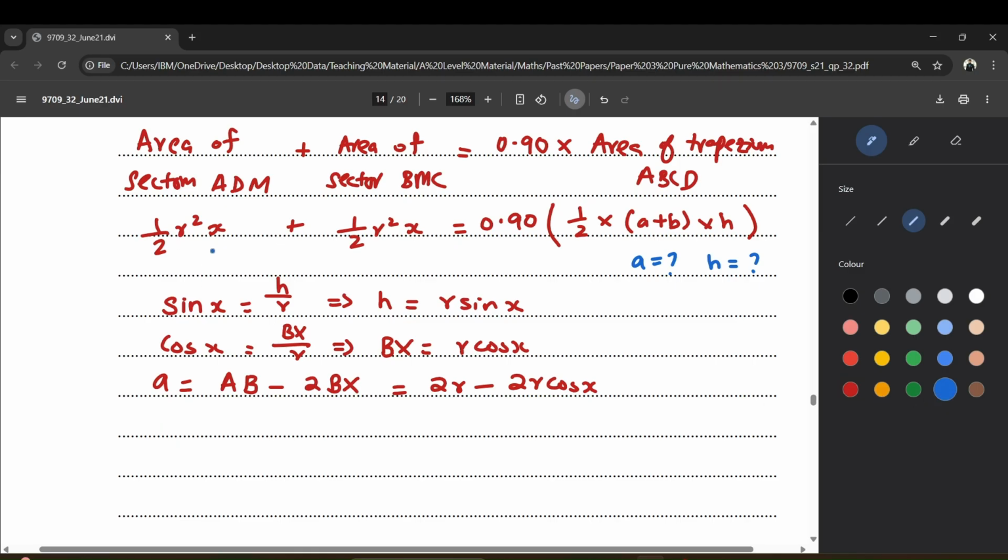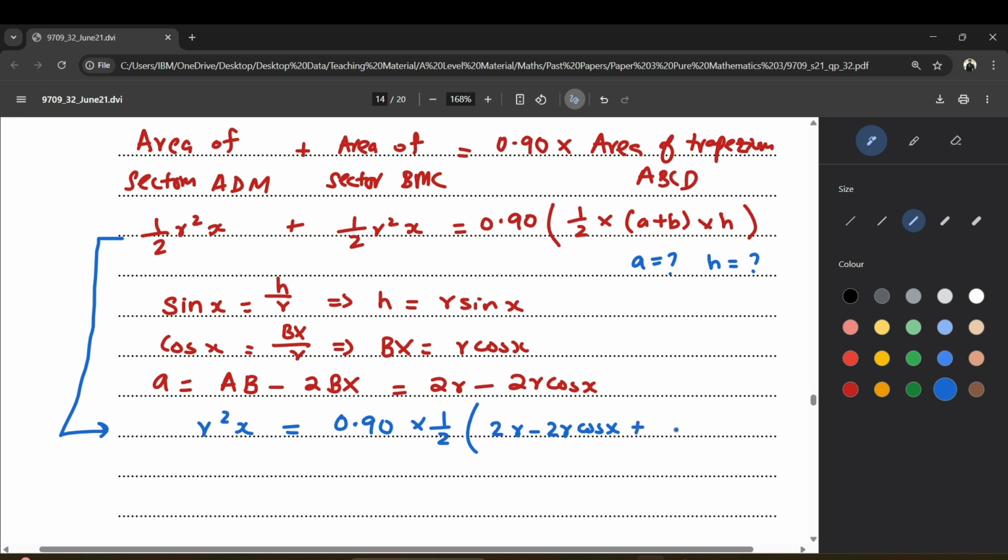So let us write this down now. Half r square x plus half r square x will give us r square x equals 0.9 times 1 upon 2. a is 2r minus 2r cos x plus b.